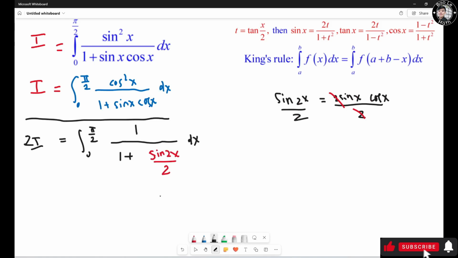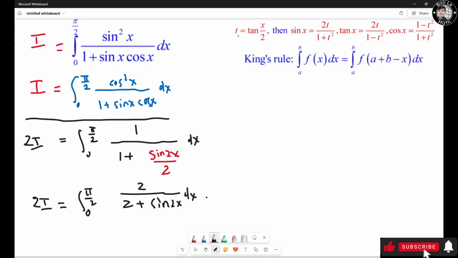Now I'm going to multiply the top and bottom by 2. So I'm going to have 2I equals, and now I just change the variable. What if I let t equals tangent s? I use the double angle formula right here: sine 2s equals 2t over 1 plus t squared.